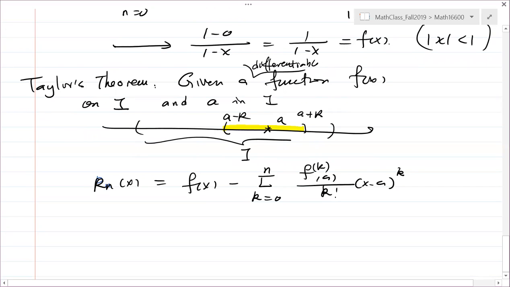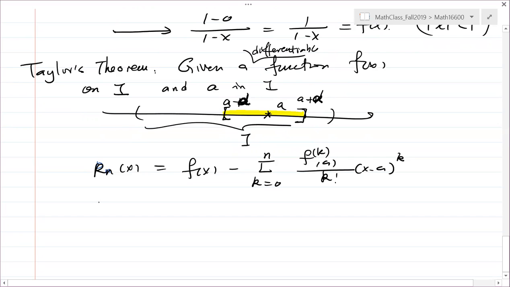Taylor says that I can estimate. Yeah, I'm going to modify the picture a little bit. Let's actually consider a closed interval. This is D, okay, not R, and we can figure out R later.